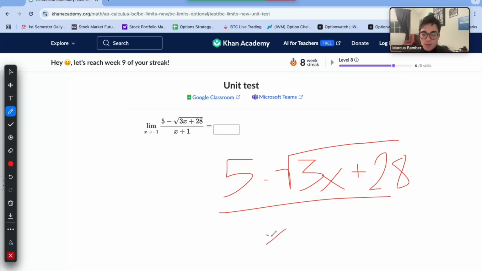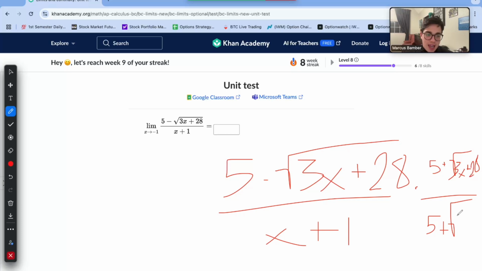So we have our function. We're just simply going to multiply both the numerator and denominator by, instead of 5 minus square root of 3x plus 28, we're going to do 5 plus square root of 3x plus 28. We do it to both numerator and denominator so our function maintains equivalency.